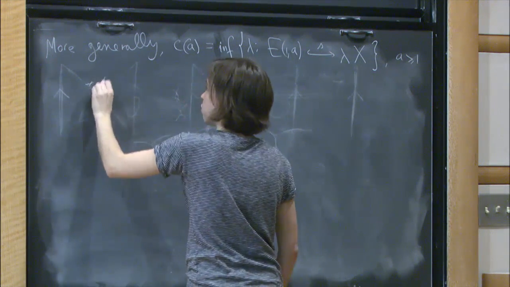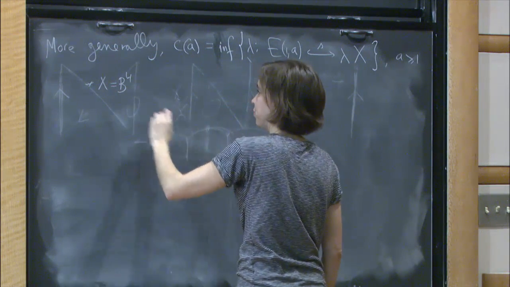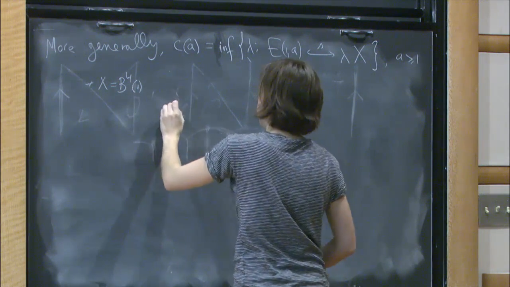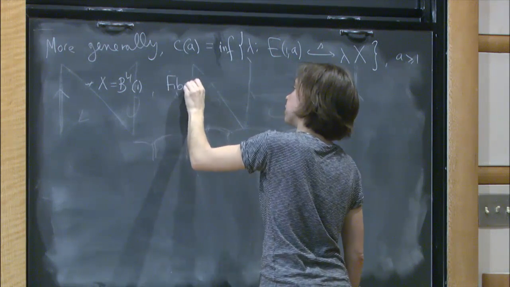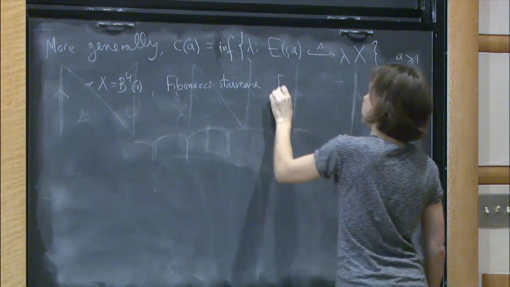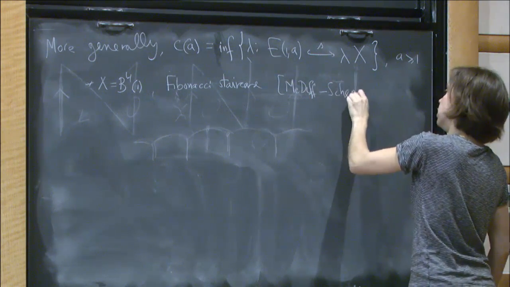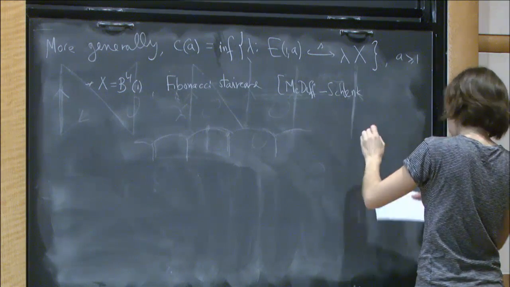They asked it for X equals the ball, and you get the Fibonacci staircase. This is due to McDuff and Schlenk.